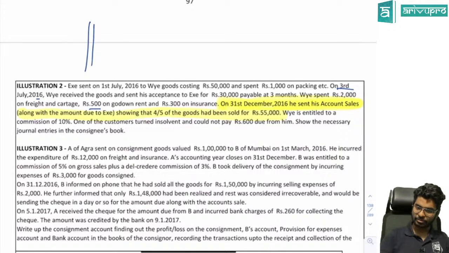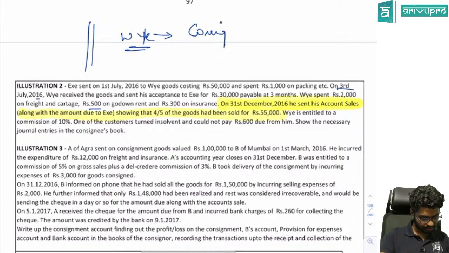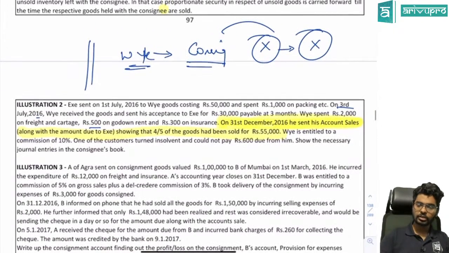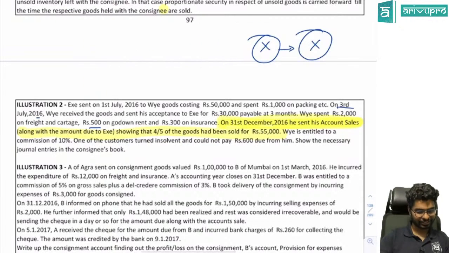Guys, please remember, for Mr. Y, there is no consignment account, there is only Mr. X. Whatever they are doing is on behalf of X. So he is collecting the money on behalf of X here.